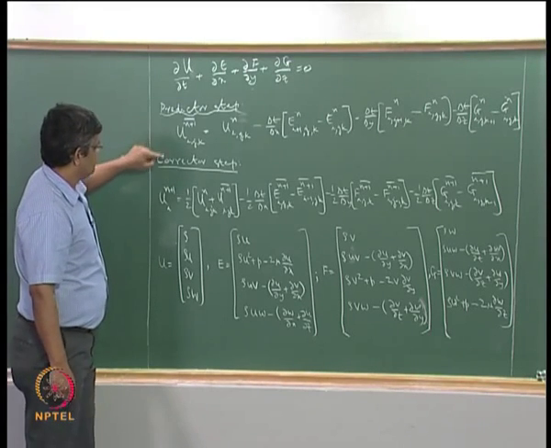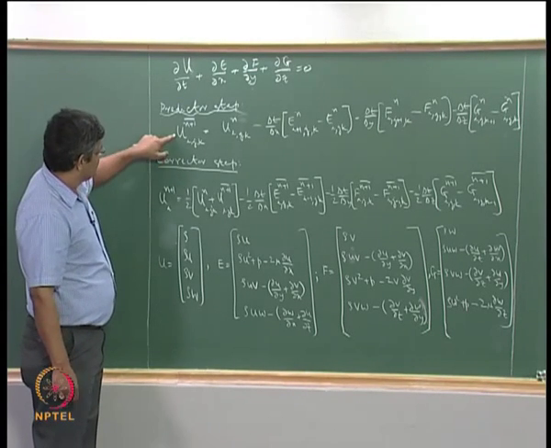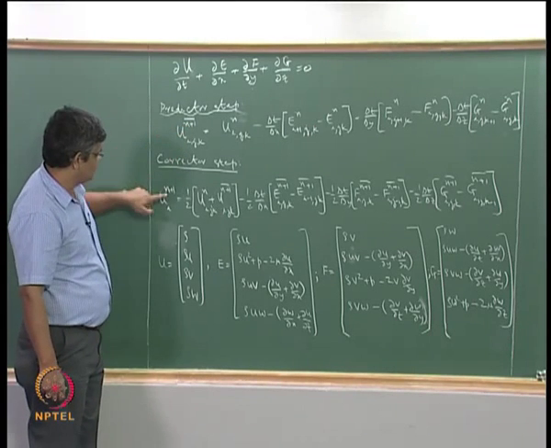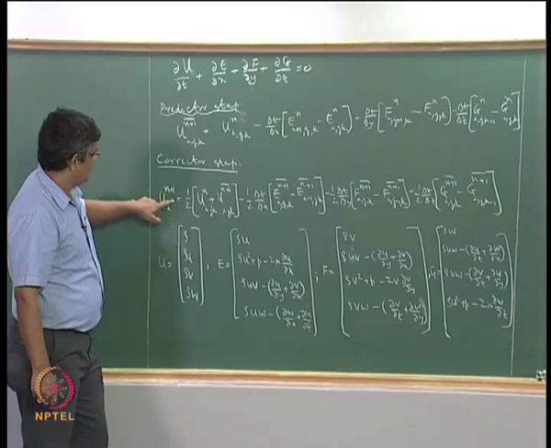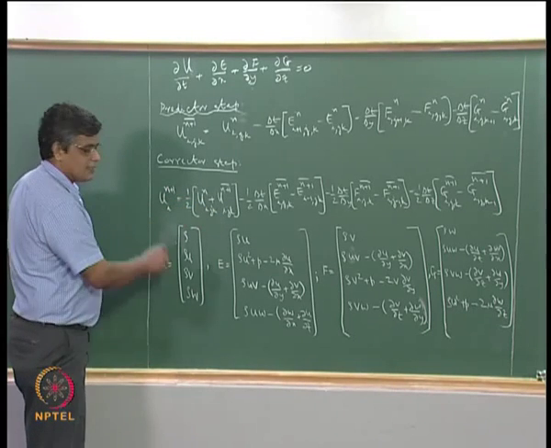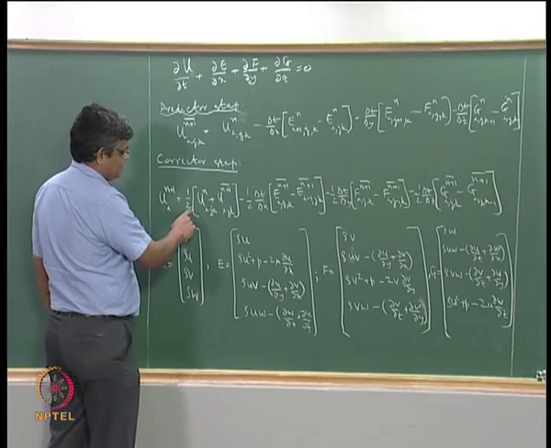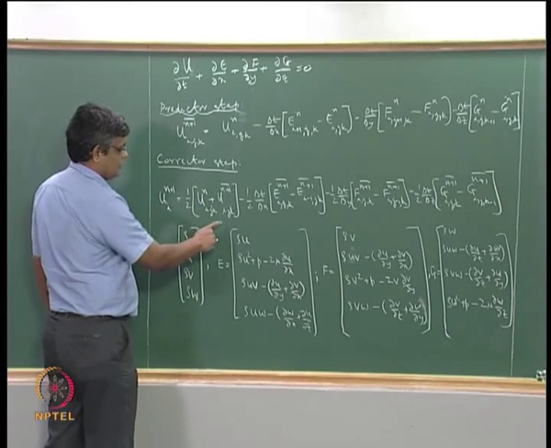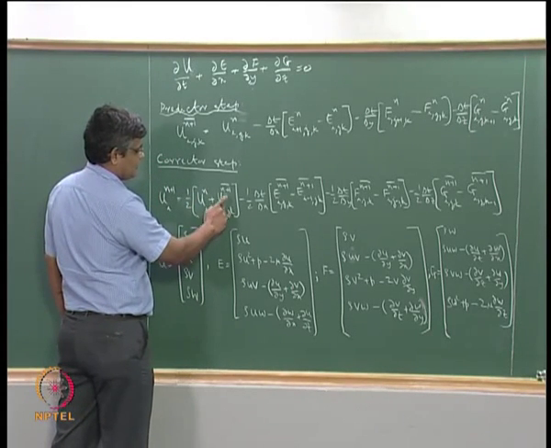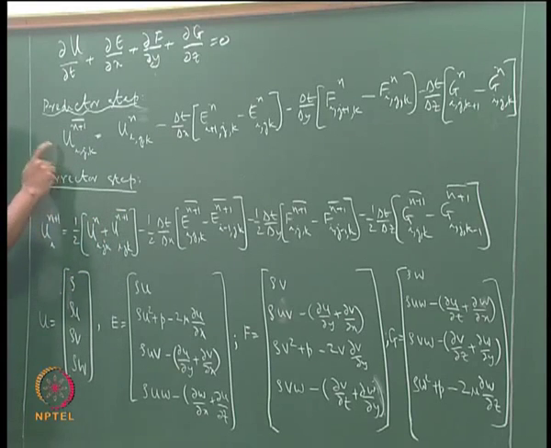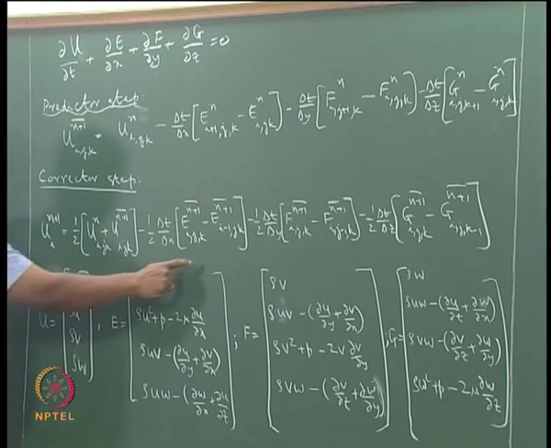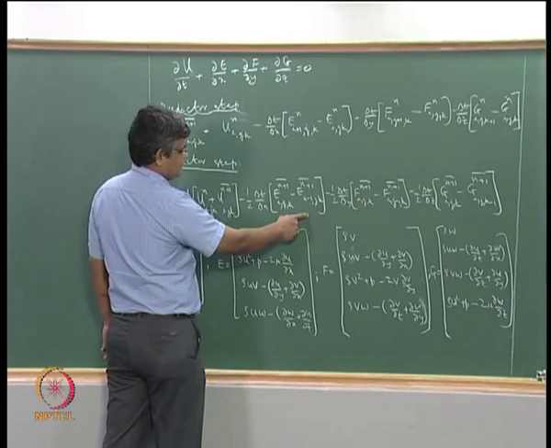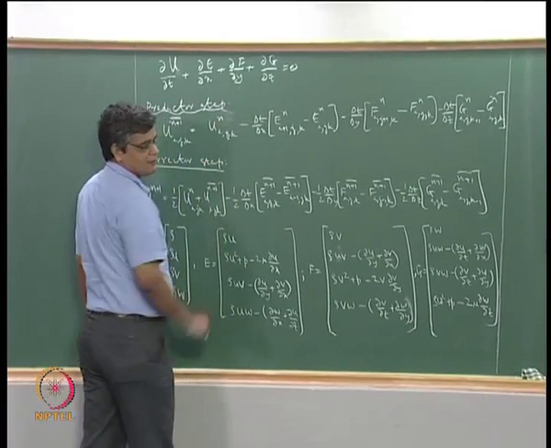Then we come to the corrector step, in which we actually update from n plus 1 bar, the intermediate time step, to n plus 1, and this is evaluated again explicitly as half of u i j k at n, the previous time step, plus half of u i j k at n plus 1 bar, which is evaluated like this, and then here we go back to backward differencing for each of these space derivatives.